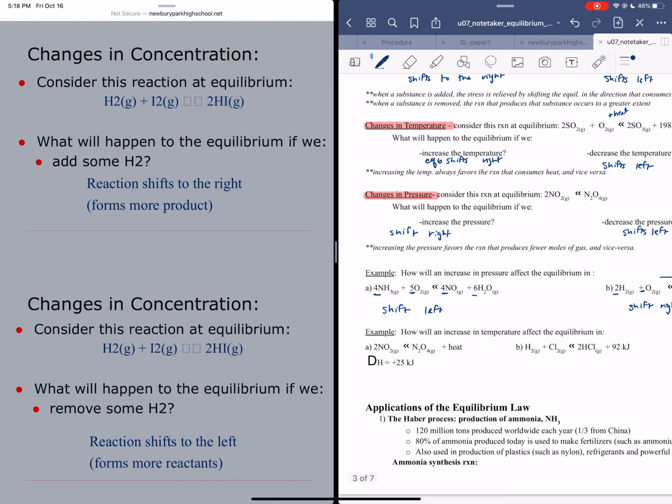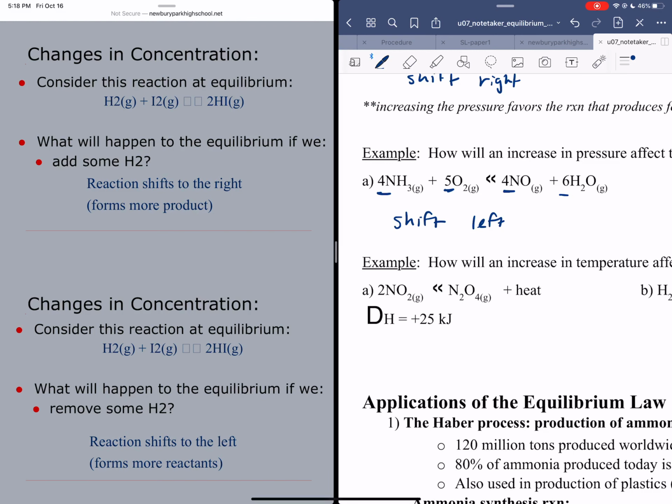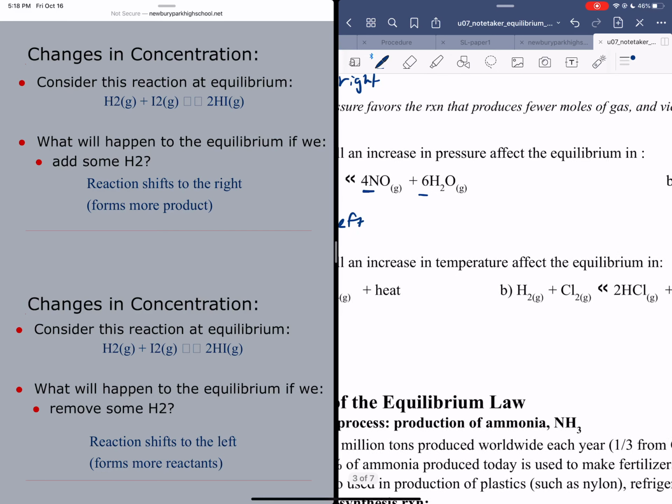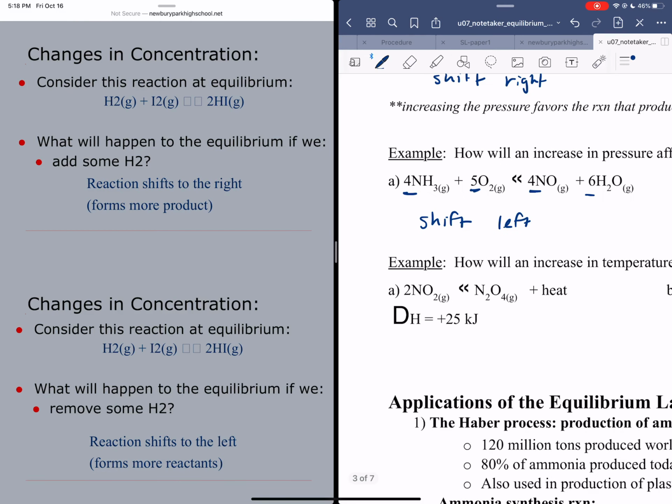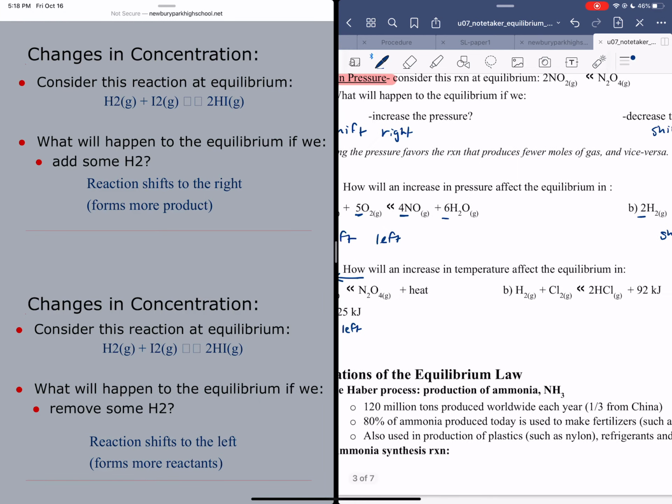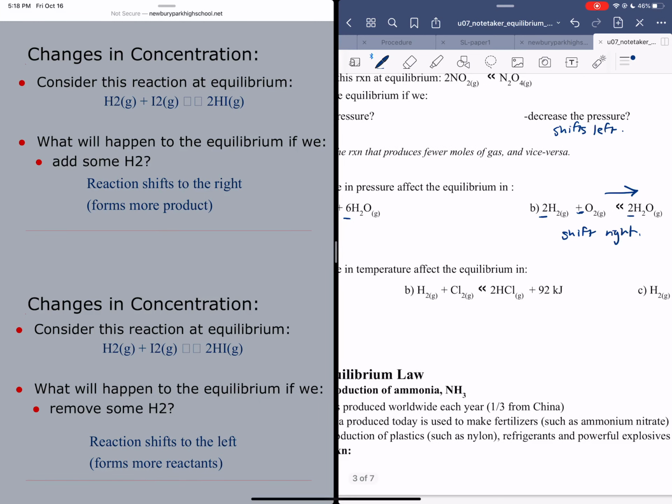How will an increase in temperature affect the equilibrium? So, if we have heat as a product, increasing temperature, we'll want to get rid of that heat. So we'll go this way. That way, we shift left. Now this is endo.